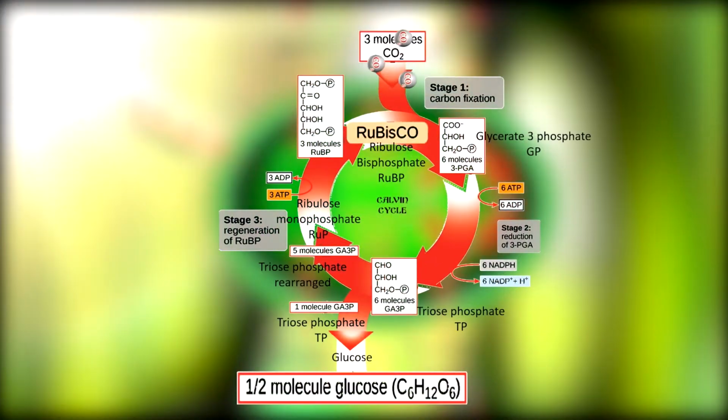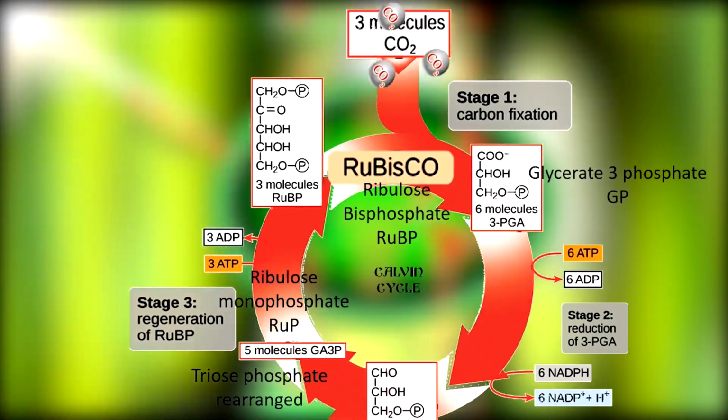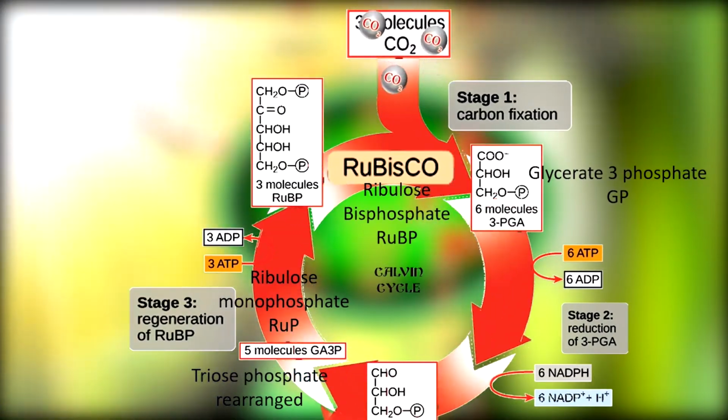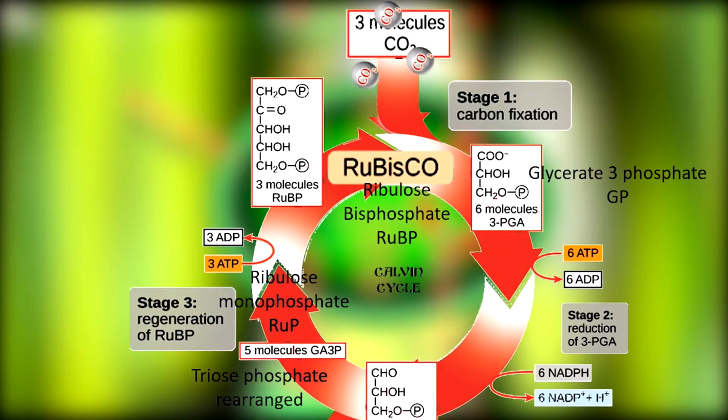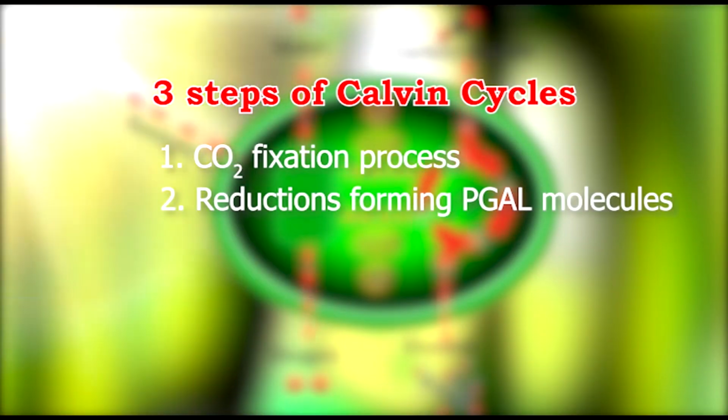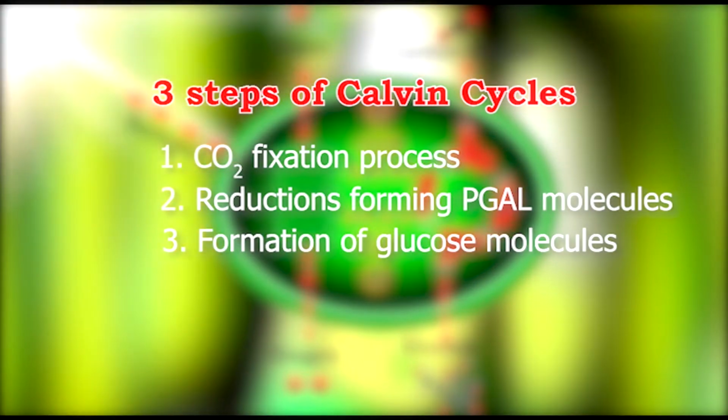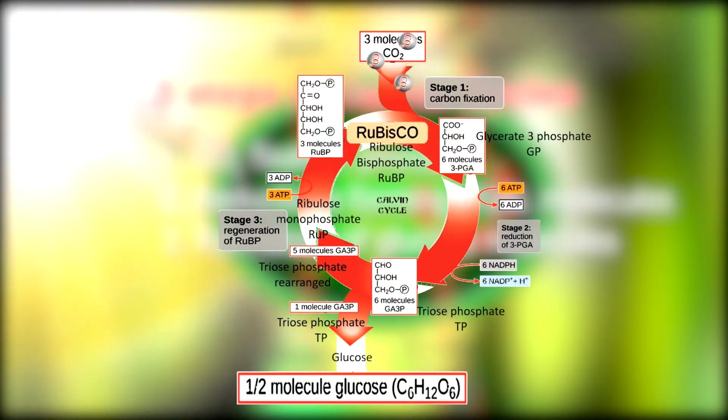In the first and second steps, the first two steps have to cycle 5 times in order to produce a 3-carbon molecule, glyceraldehyde 3-phosphate. Lastly, the formation of glucose molecules from the glyceraldehyde molecule.